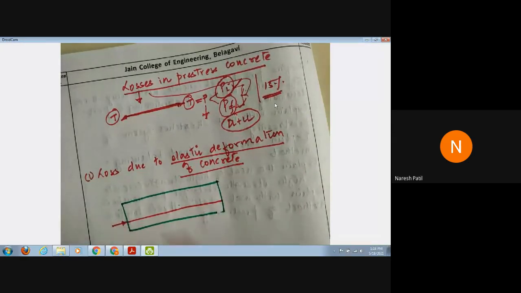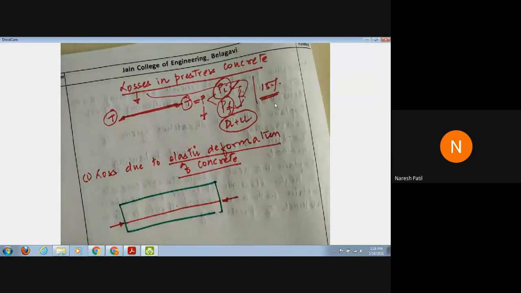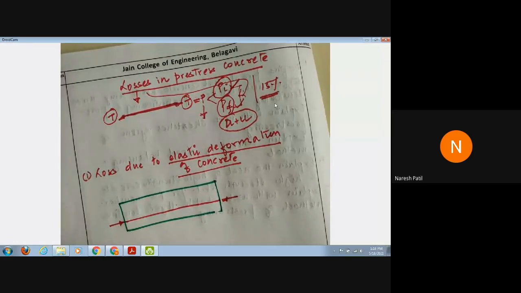And this concrete is under compression because of the prestressing force. So what? The concrete will undergo deformation due to applied compression, and this deformation leads to loss in strain in the stressed tendon.